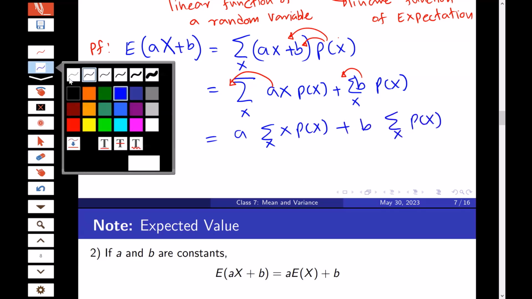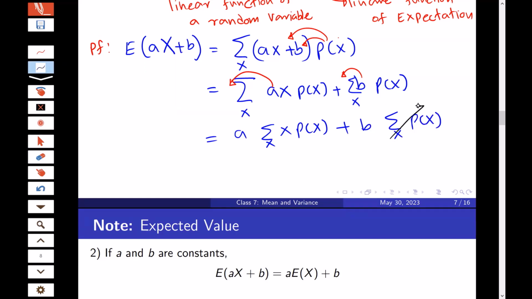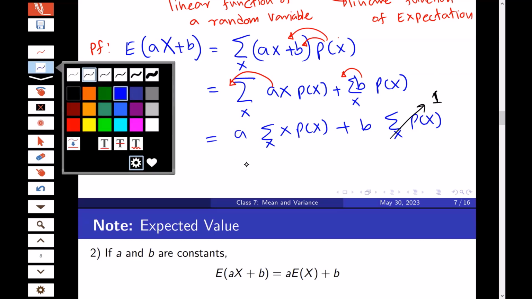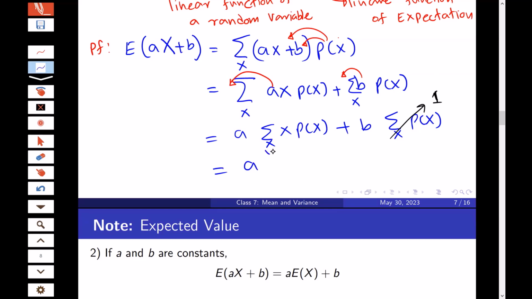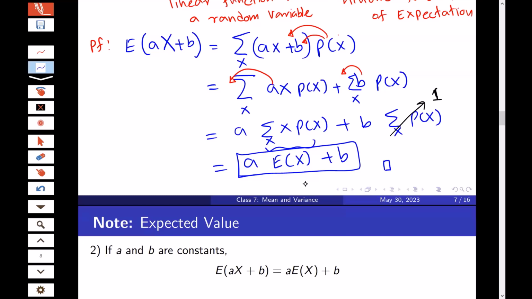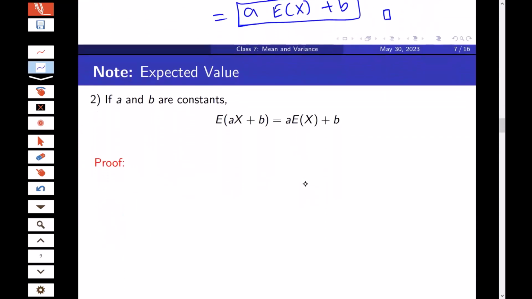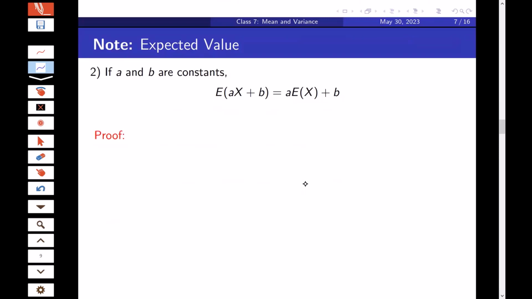Now this will be 1 because p(x) is a probability mass function. That means we can write a, and this is the definition of E(X), plus b times 1, which is b. So that is the end of it. Yes, we did the proof.